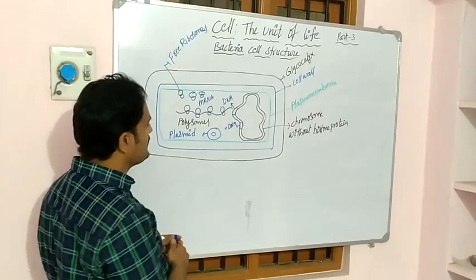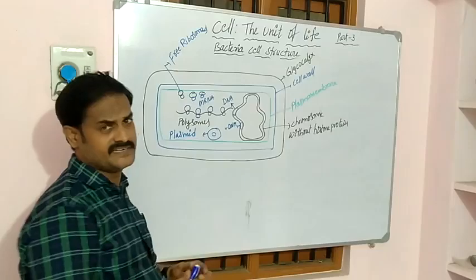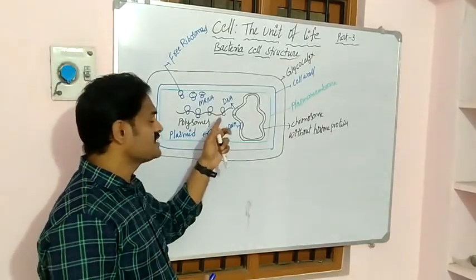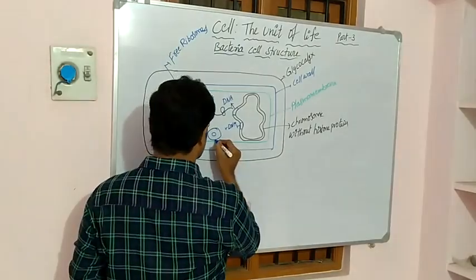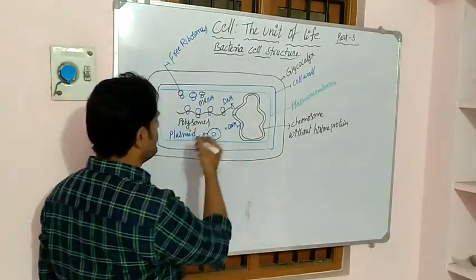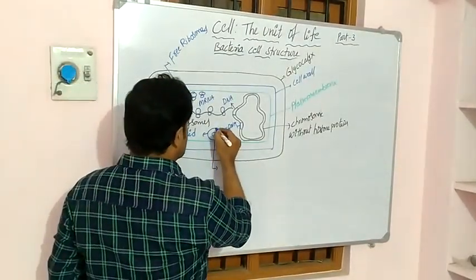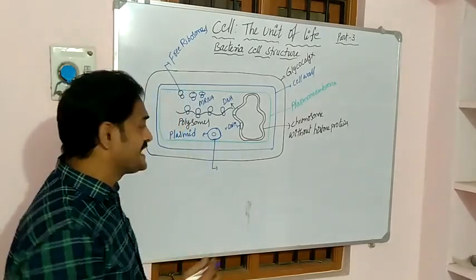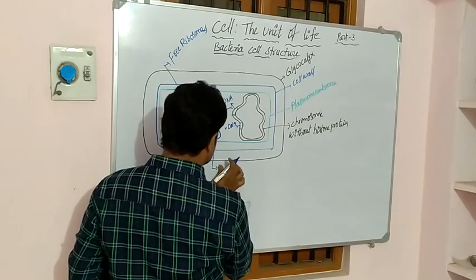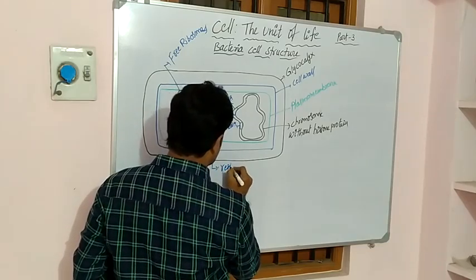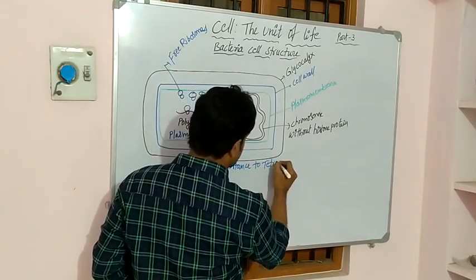So the plasmid is not necessary for survival of the bacteria cell. Remember that. But what is the role of this plasmid? It gives resistance to tetracycline.